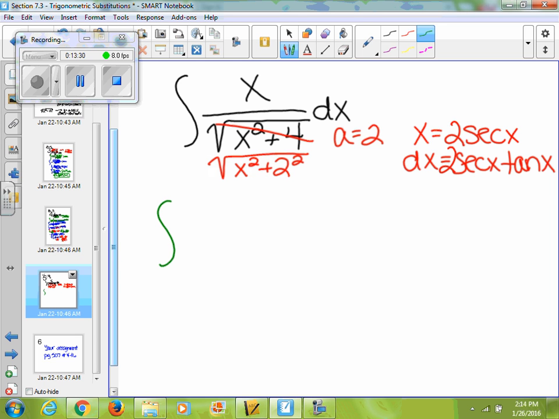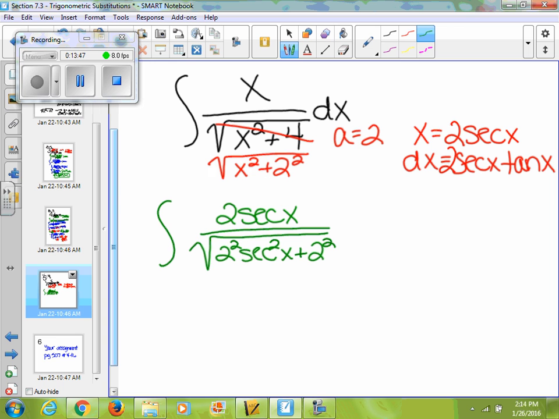Okay, so if I start replacing things, my x becomes 2 secant of x. Down below, I have x squared, so 2 squared secant squared of x plus 2 squared. And my dx becomes 2 secant of x tangent of x.